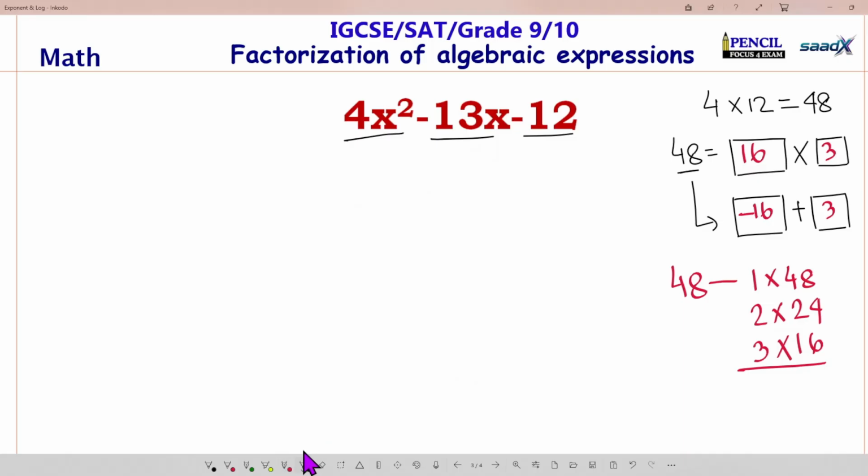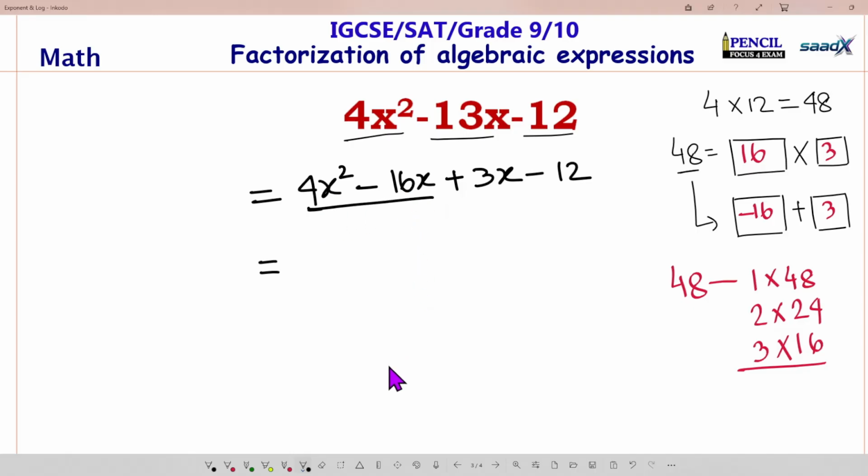So we can write it this way: 4x square minus 16x plus 3x minus 12. Now we can take common from these two algebraic expressions.